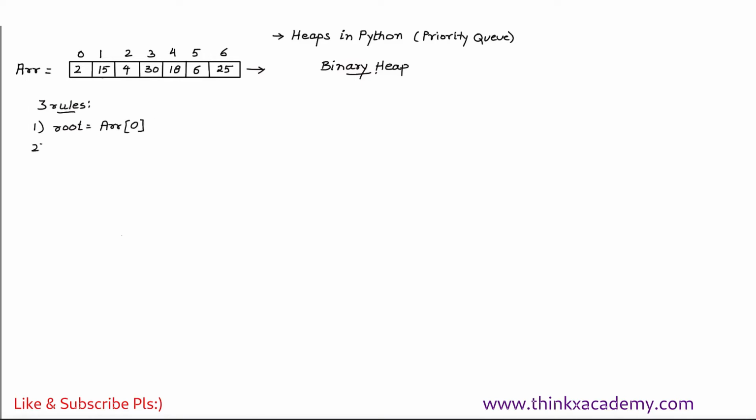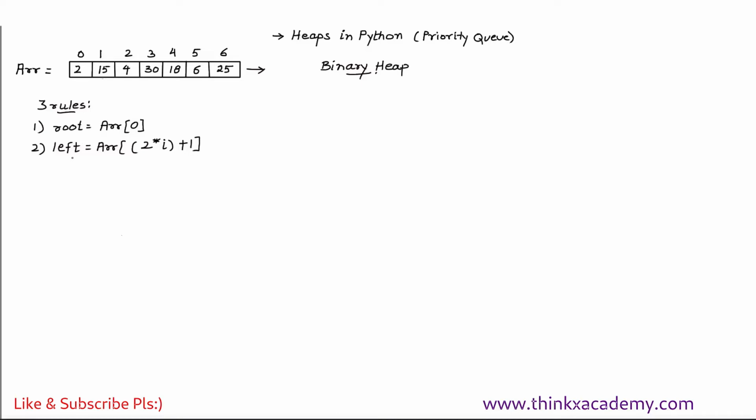The second rule says that the position of the left child is going to be 2 multiplied by i, where i is the ith node whose left child we wish to find, and then we increment it by 1, and this is how we get the left child. The binary tree is built by using these conditions.